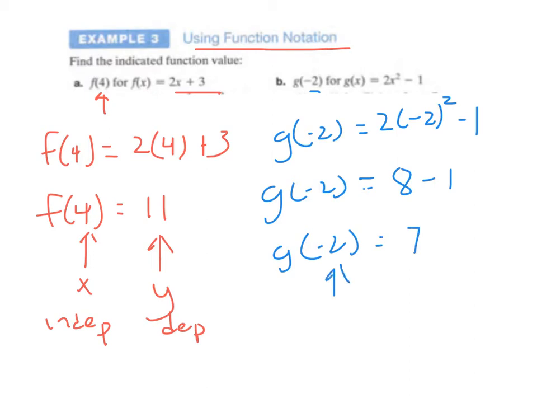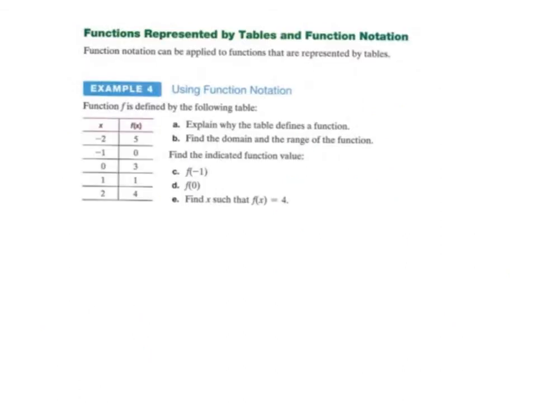So this is my x, and my answer, my y, is the 7. And I could write this in ordered form if I wanted to, just like I go back over here and do the same thing here. This could be 4, 11. So if you're given an ordered pair, you can use it to substitute into a function, or you can give it a notation. So what we're going to look at is a table that represents function notation, and you can see the function notation right here.